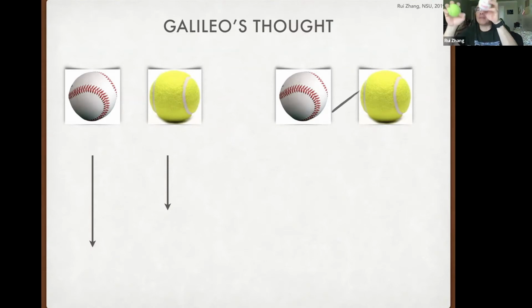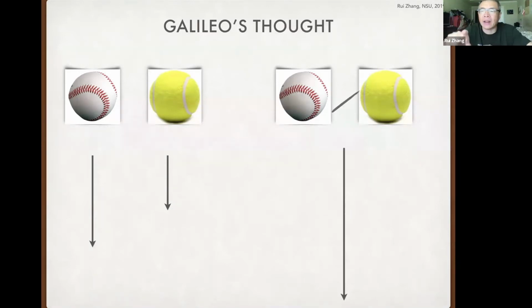After you connect them, how fast does this whole thing fall compared with either the tennis ball or the baseball? Then people can say, because you connect them together, they're heavier than either the baseball or the tennis ball. So based on the same argument, the whole thing should fall faster, because it's heavier, if Aristotle was right.